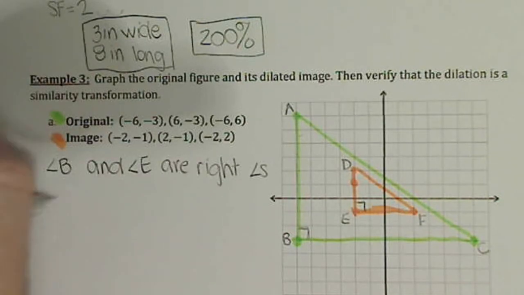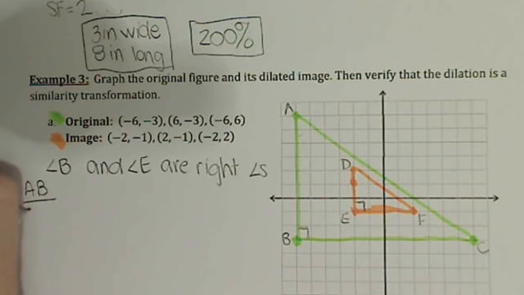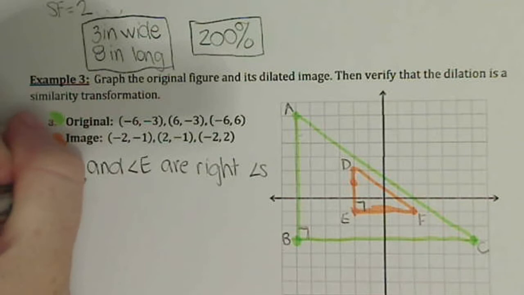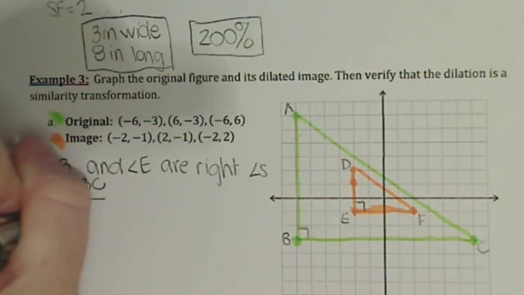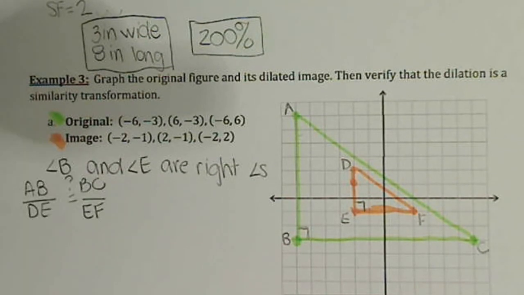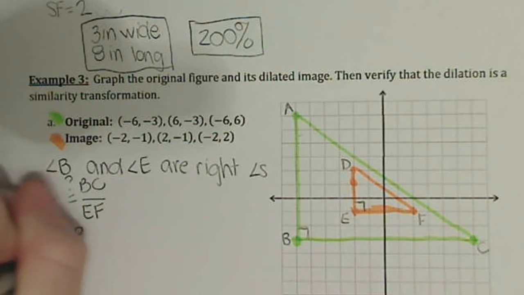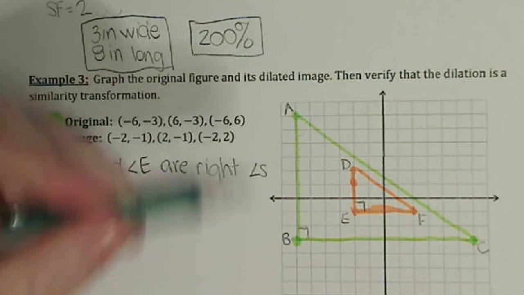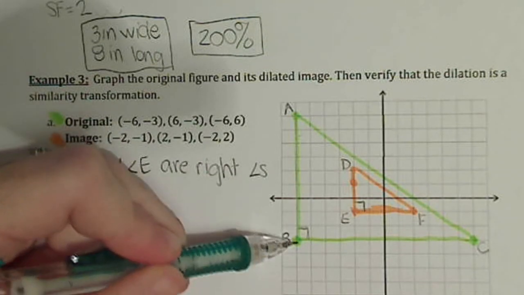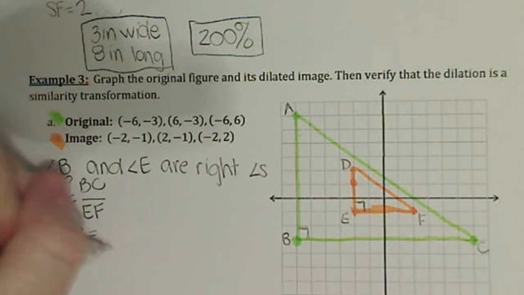So we need to prove, is AB over DE proportional to BC over EF? So let's find the distance of AB, which is quite simple since it's vertical. We can just count the boxes. If you count the boxes, it's 9.